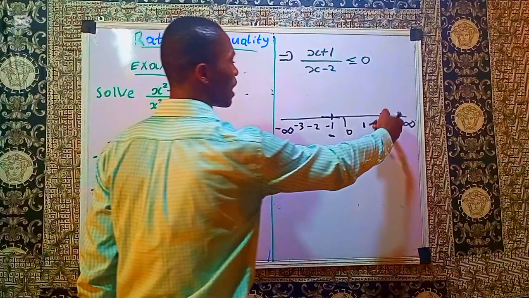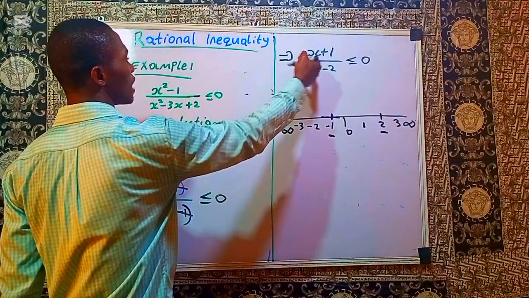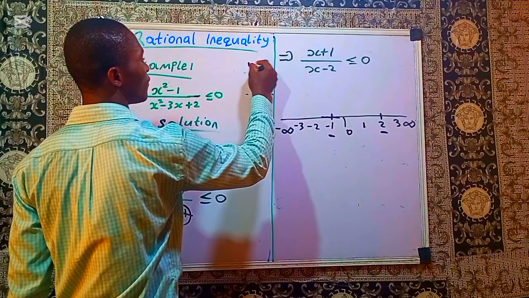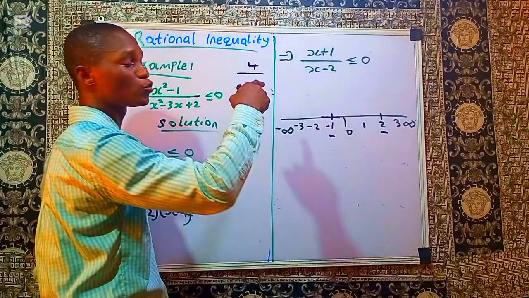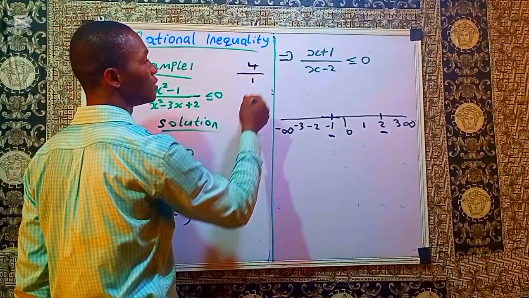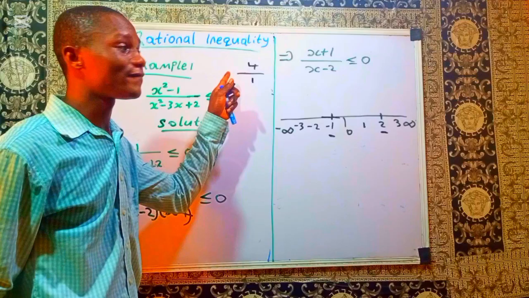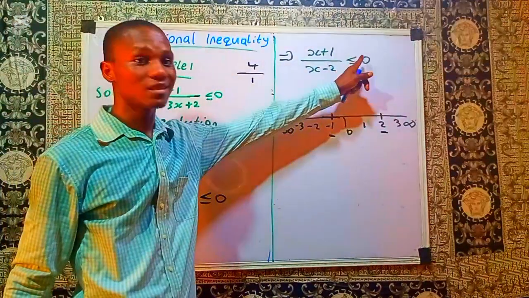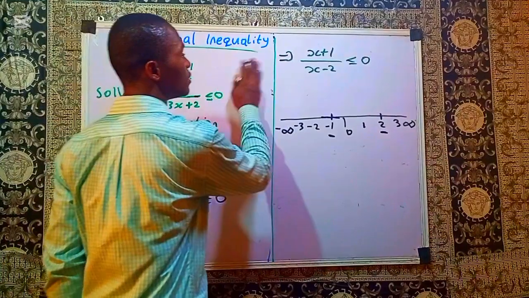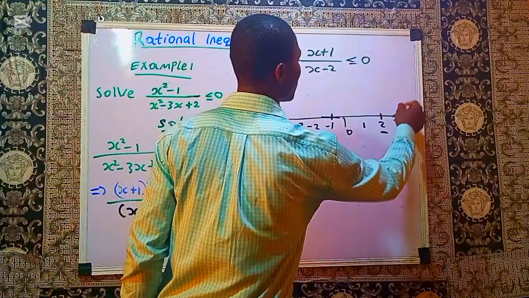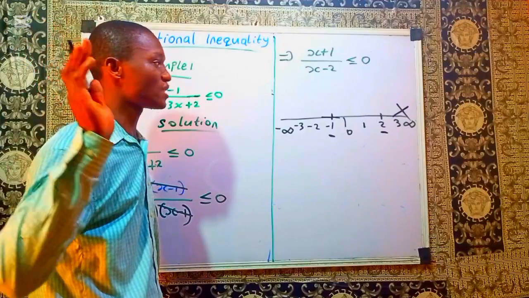So if you pick a number bigger than 2, let me say 3, and put it here, you have 3 plus 1 is 4, and 3 minus 2 is 1. Then 4 divided by 1 gives us 4. But 4 is not less than 0. So all numbers bigger than 2 cannot give you the correct answer.